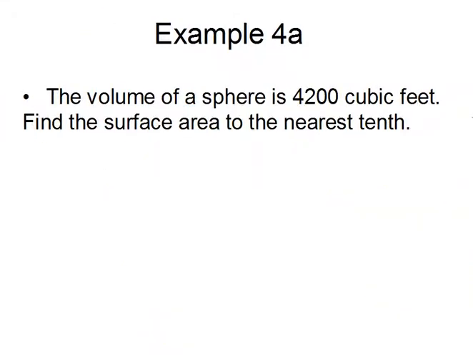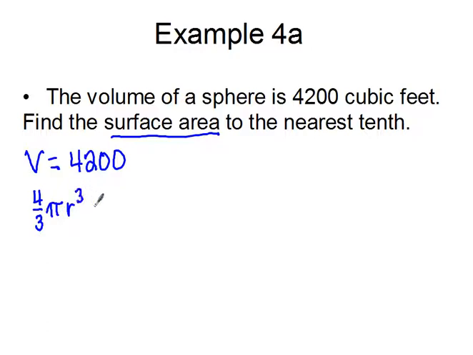All right, one more. It says the volume of a sphere is 4,200 cubic feet. Find the surface area. So we're going to work backwards again. So 4/3 pi r cubed is the 4,200. I'm going to do this all in one step. I'm going to take 4,200 times 3/4, and then I'm going to divide it by pi.